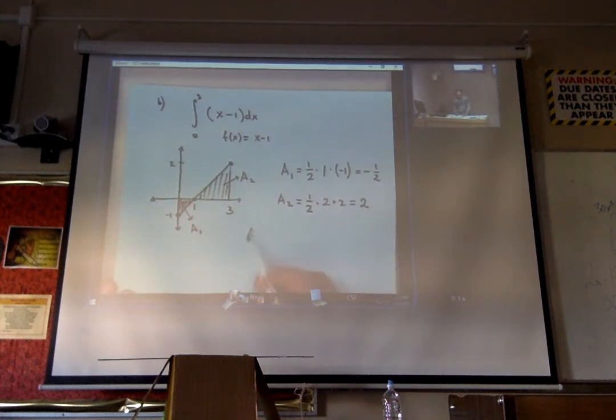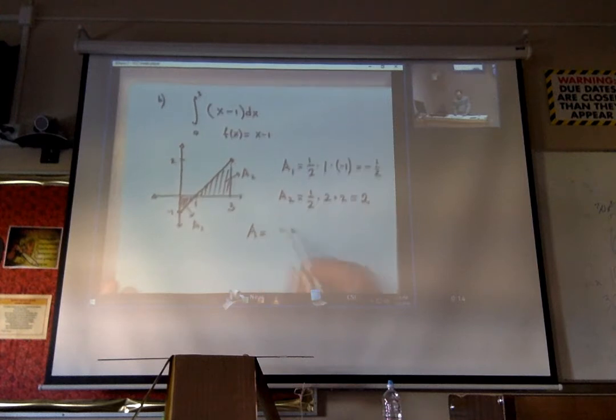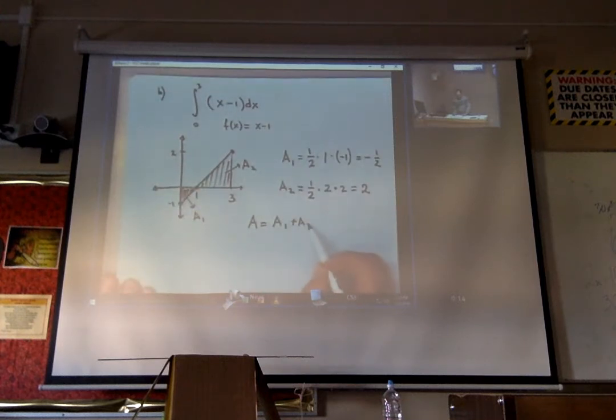So the total area is the addition of these two, A sub 1 plus A sub 2, right? So you will get -1 over 2 plus 2. So the area will be what? 3 over 2. Any questions? Doing fine? Yes.